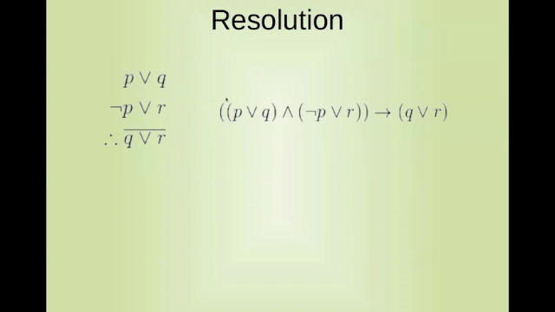So therefore we can conclude P or Q and not P or R implies that Q or R is true. At least one of them. Now it could be the case that Q and R are both true, but not always. So it only implies Q or R. And that's resolution. Our first example gives you just a little taste of the rules of inference.